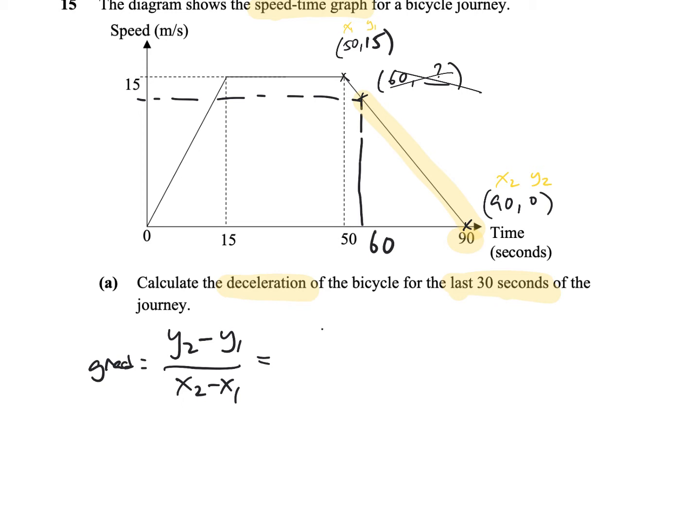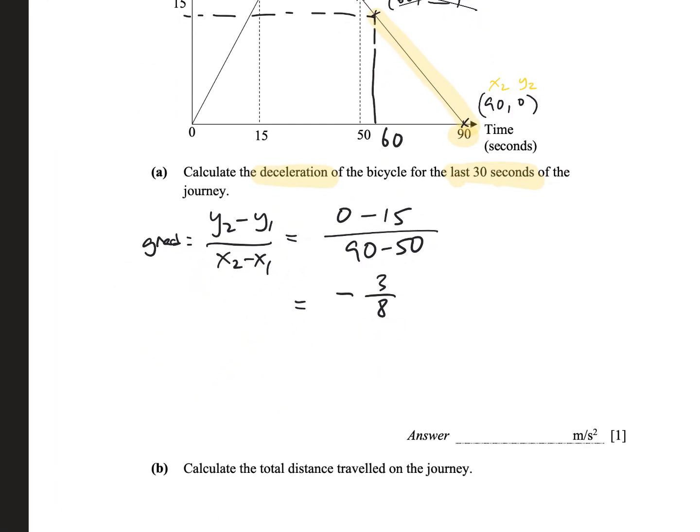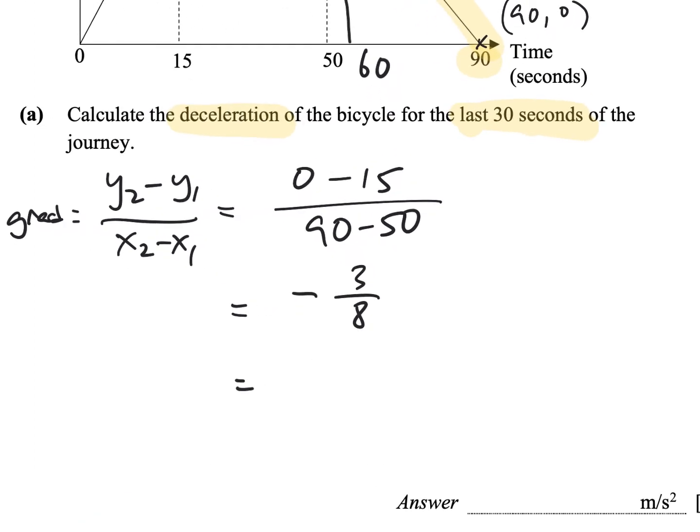So y2 minus y1 is 0 minus 15, and x2 minus x1 is 90 minus 50. That gives me negative 3 over 8. Since this is a physics kind of question, I don't like to leave it in fractions, so I'm going to convert it to decimal.